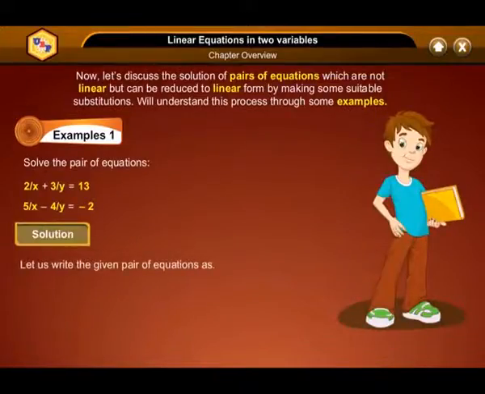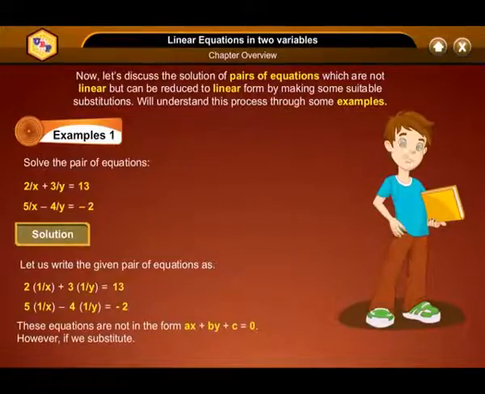Let us write the given pair of equations as 2 × (1/x) + 3 × (1/y) = 13, 5 × (1/x) - 4 × (1/y) = -2. These equations are not in the form ax + by + c = 0.